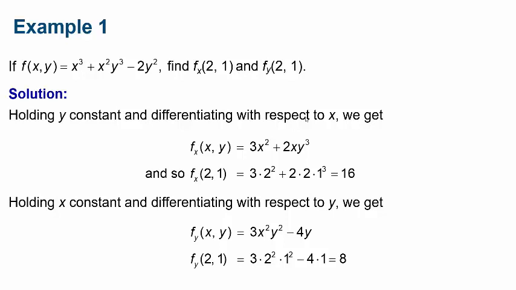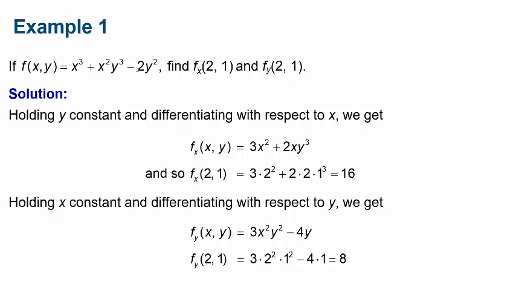Holding y constant and differentiating with respect to x, this is what we get. For f sub x, you look at the first term, x cubed. Its derivative is 3x squared. You go to the next term, x squared y cubed. You're going to treat y cubed as a constant, so the derivative of x squared is just 2x.